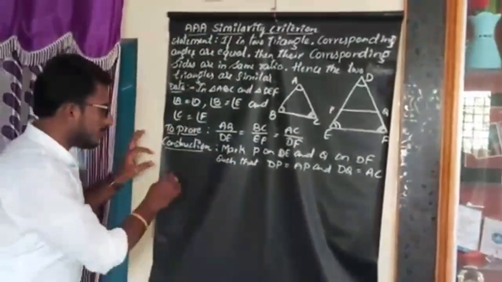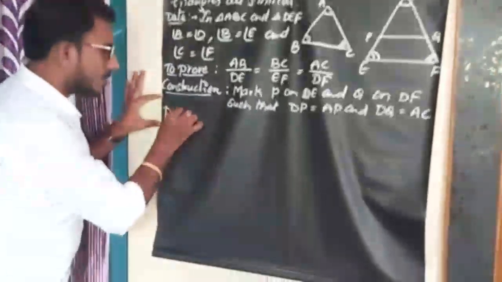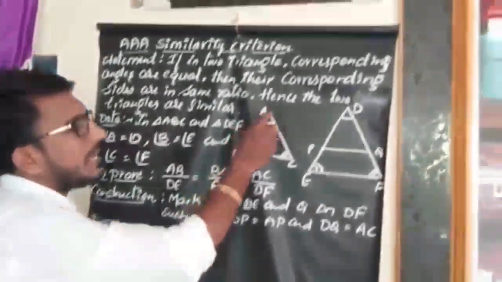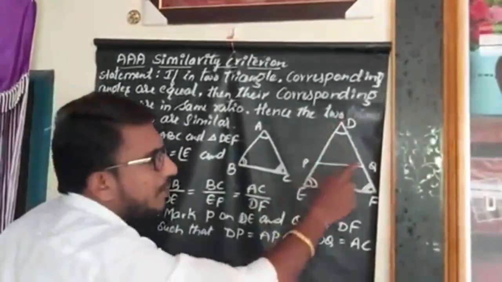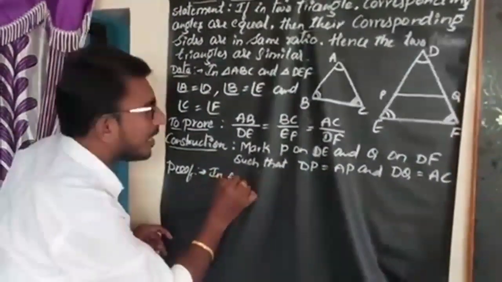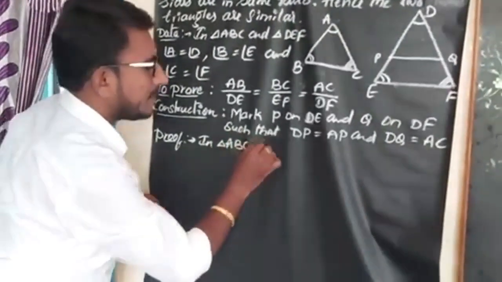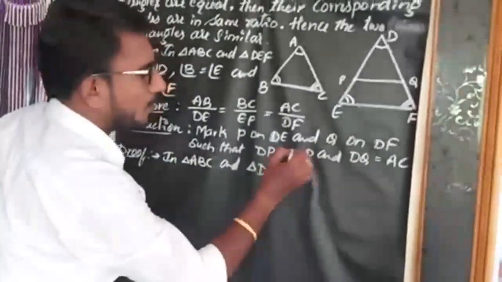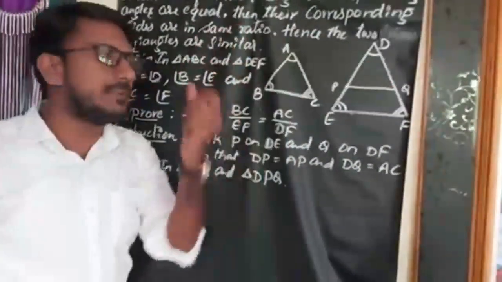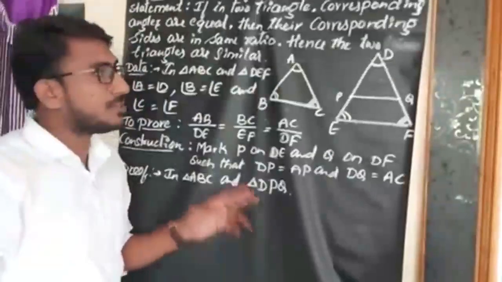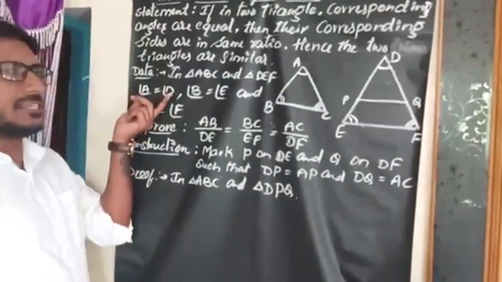Okay, let's see the proof now. Here, I will consider triangle ABC and triangle DPQ. In these two triangles, angle A is equal to angle D. This is from the data, which we have already written.